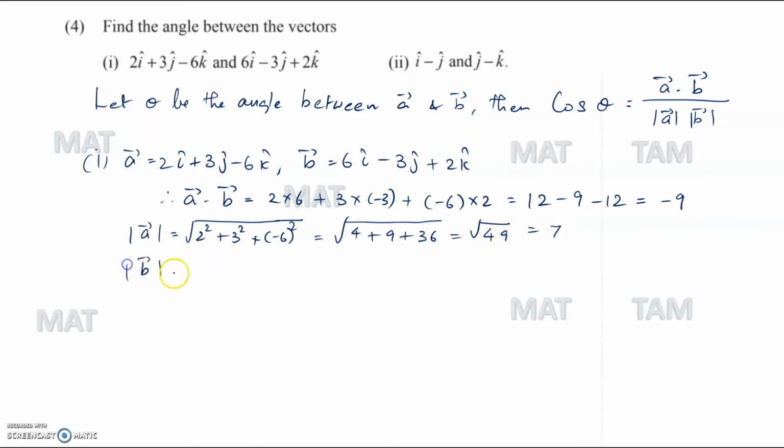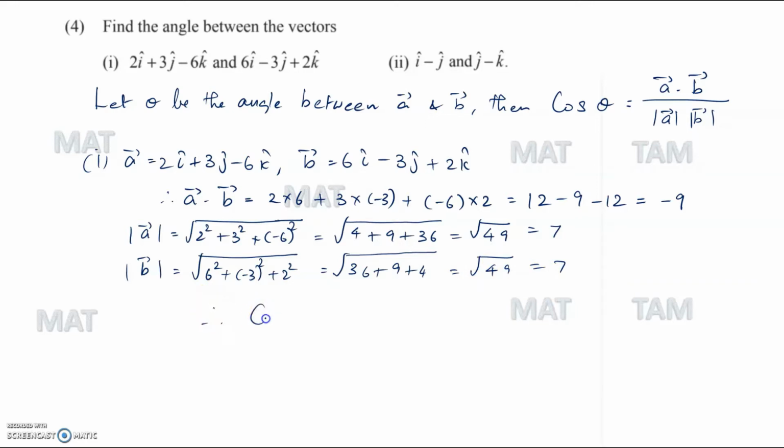Similarly, magnitude of B is defined as the root of 6 squared plus minus 3 the whole squared plus 2 squared, which is equal to 36 plus 9 plus 4, which is equal to root of 49, which is equal to 7.